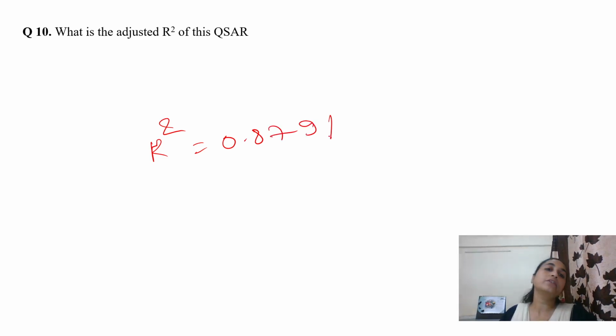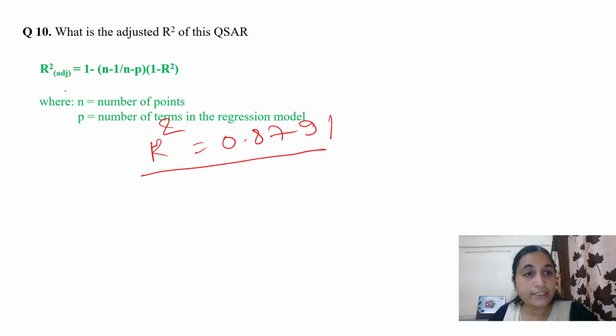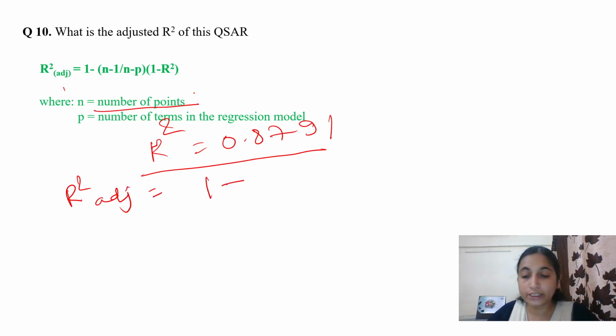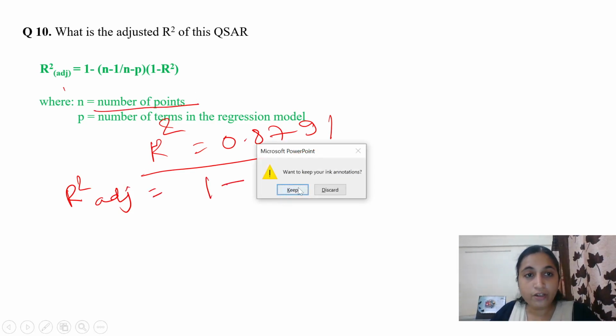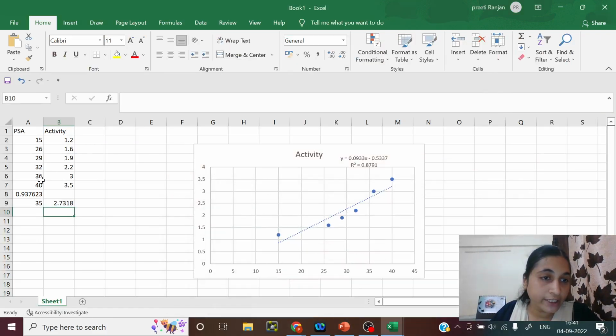This value is given in the graph. From the graph, we have taken R square equal to 0.8791. And now we have to calculate the adjusted R square. So adjusted R square equals 1 minus ... n is the number of points. So in this graph, how many points are given? Right, 6 points.